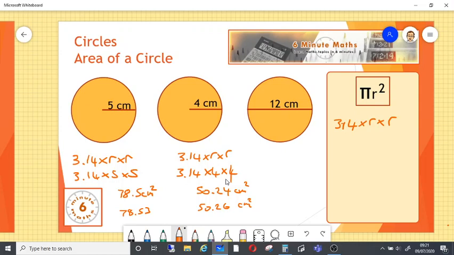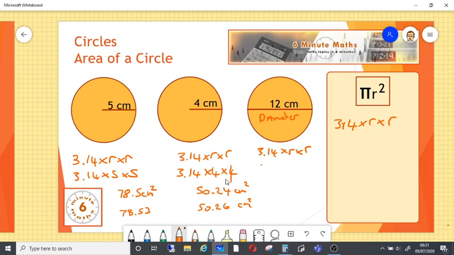towards. Okay, example 3, we've got 12 centimetres, and that's the diameter. That's all the way across. And when we're working out the formula for area, it's 3.14 times by the radius times by the radius. Don't be tempted to times it by the diameter. Times it by the radius, and I'll explain why in a second.